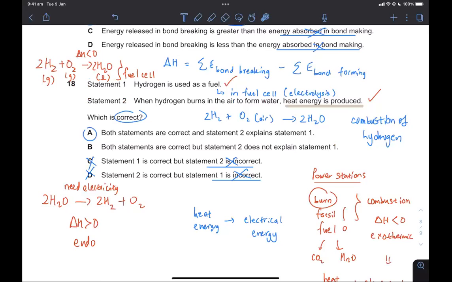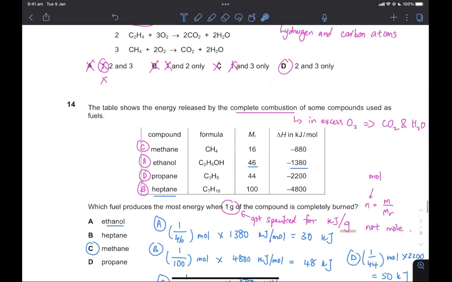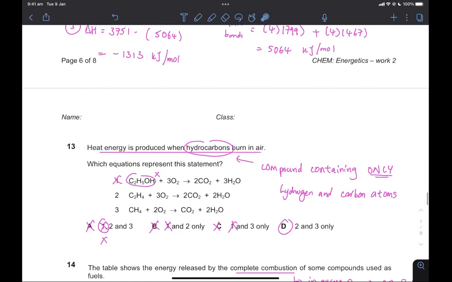Question 15. Heat energy is produced when hydrocarbon burns in air. So again, I just want to highlight this thing called combustion. Hydrocarbons is something you will learn more in year 11, but all your petroleums are hydrocarbons. They call it hydrocarbon products. So petroleum, crude oil, they are all hydrocarbons.